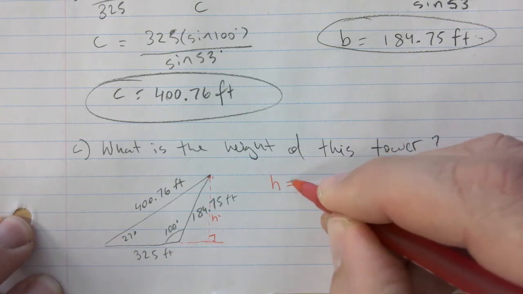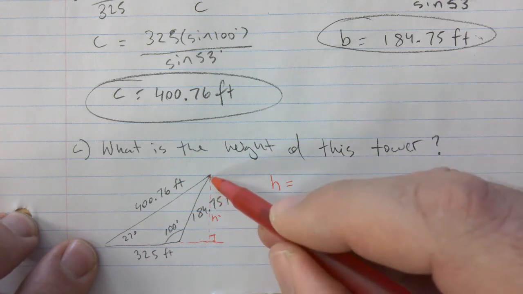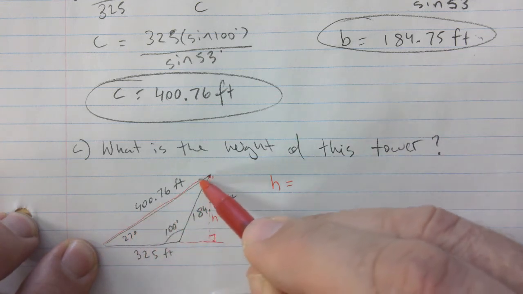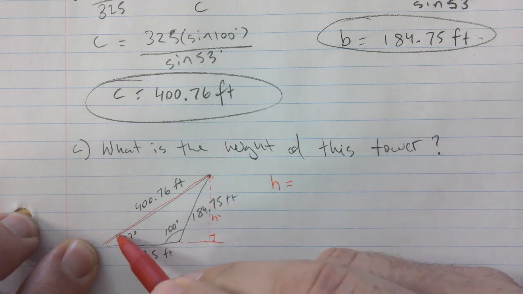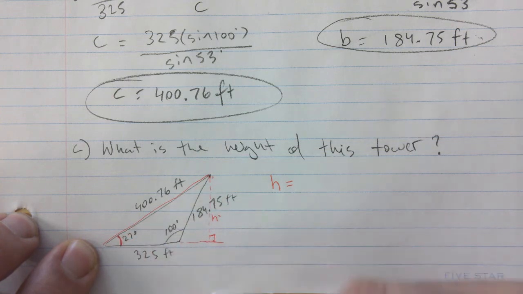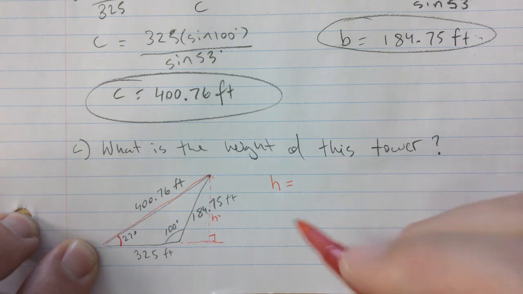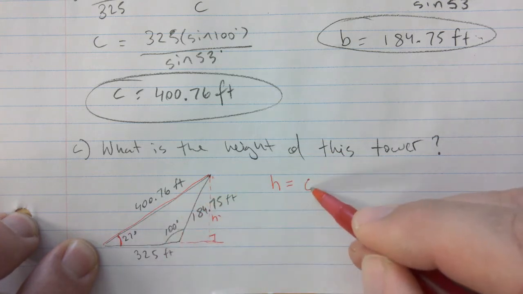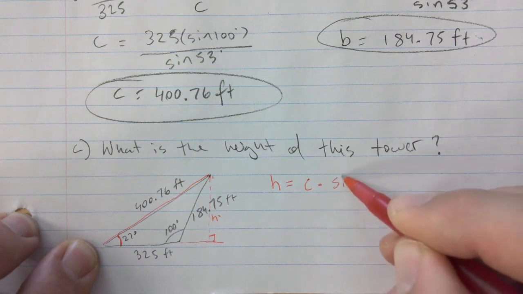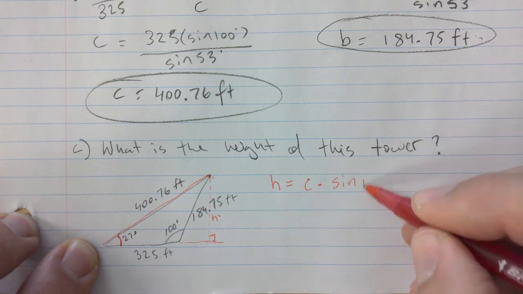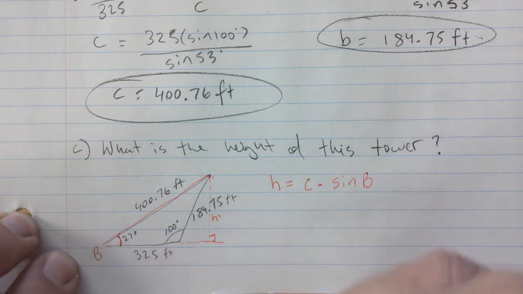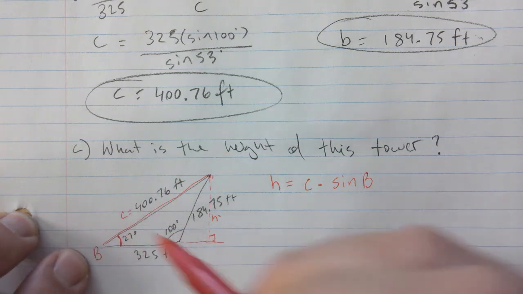Height in this case would be, you go, it's this side times the sine of the angle that is adjacent to that side. So in this case, we call this C. It'd be C times sine of B, because we call this angle B, and this was side C.